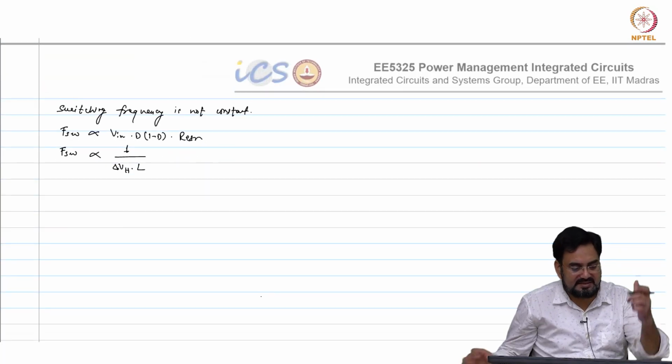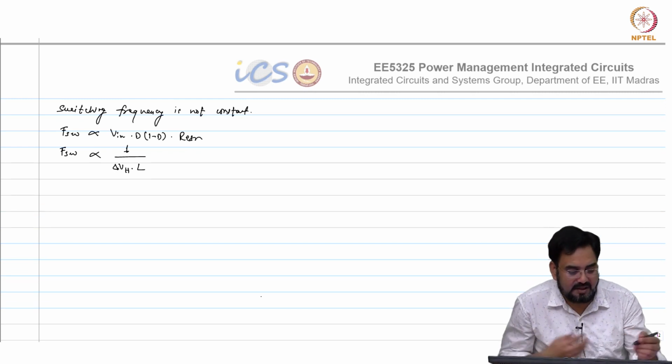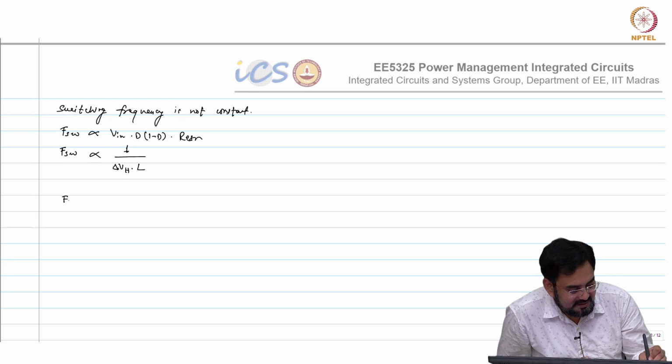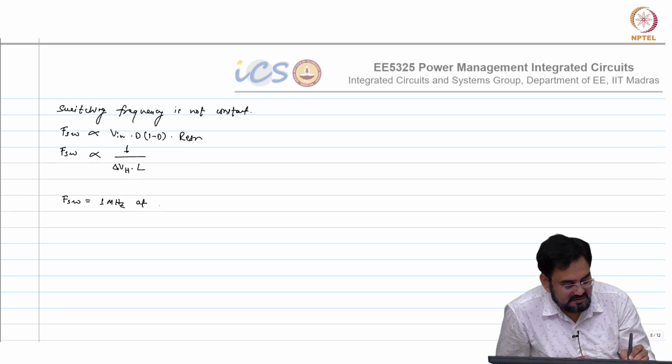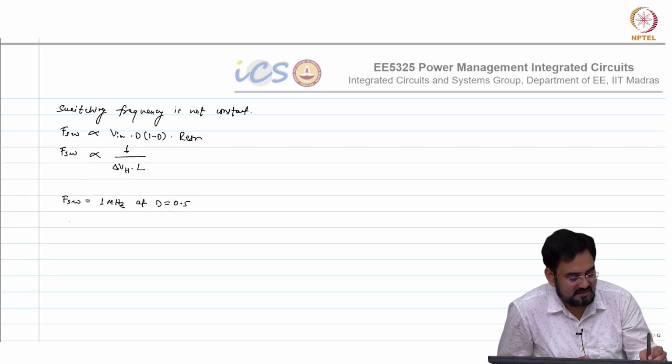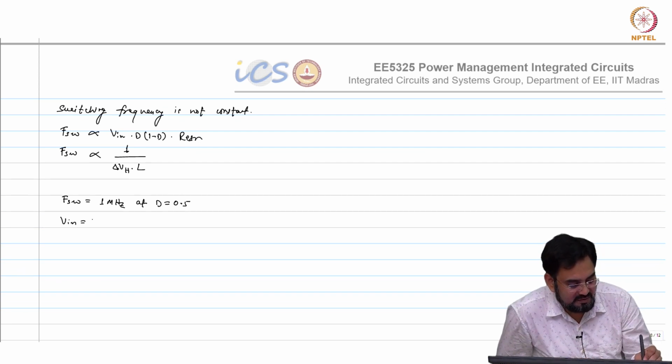Okay, so let's say I want to design this. Let's see how much RESR I will require. So let's say FSW equal to 1 megahertz at D equal to 0.5, correct. Vin equal to 1.8 volt. I am choosing L equal to 1 microhenry and Cout equal to 10 microfarad.